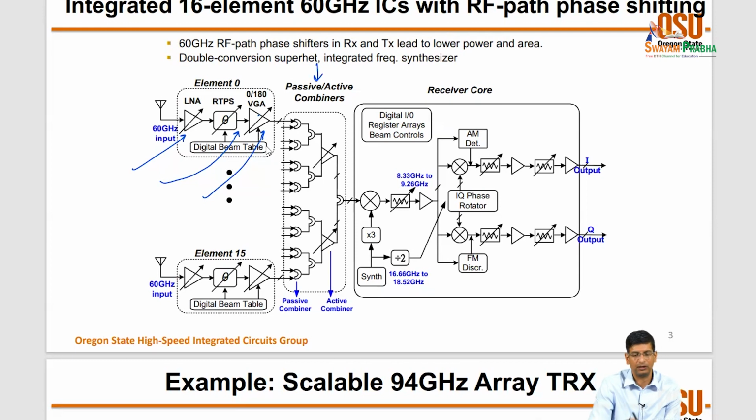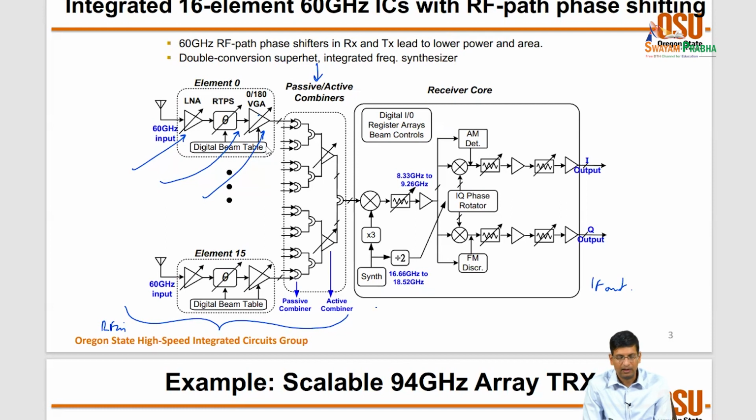As I had shown earlier, we used a hybrid passive and active combining network, and this was an RF in IF out system, right, where we actually have the mixer on the chip, but the PLL and the frequency synthesizers are operating at a lower frequency, and then instead of a doubler, we use a tripler in this particular implementation to multiply the LO and provide that to the mixer, right?